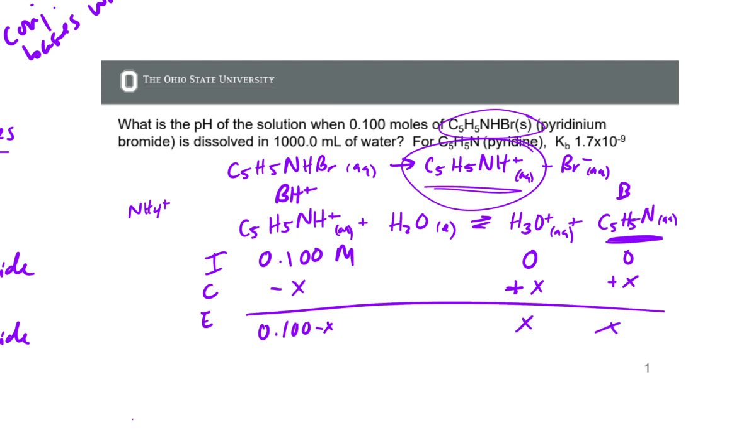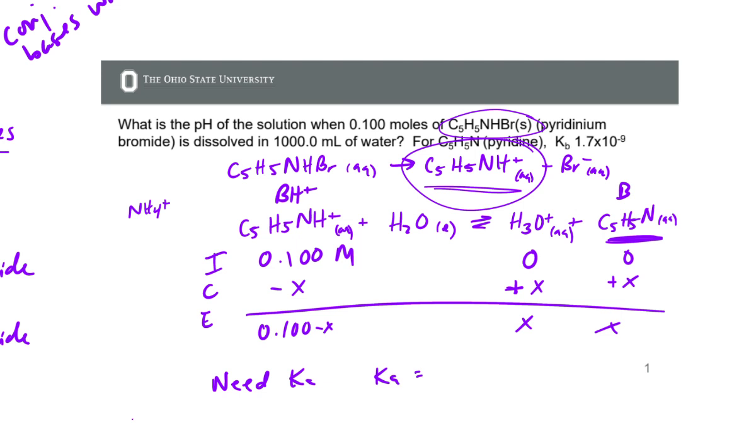Everyone okay with the ICE table? I always tell you with these salt problems that you're most likely going to be given the Ka when you need the Kb, or the Kb when you need the Ka. That's also true here. We have the acid form on the reactant side, so now we need to use a Ka to solve for X. We need Ka, we were given Kb.